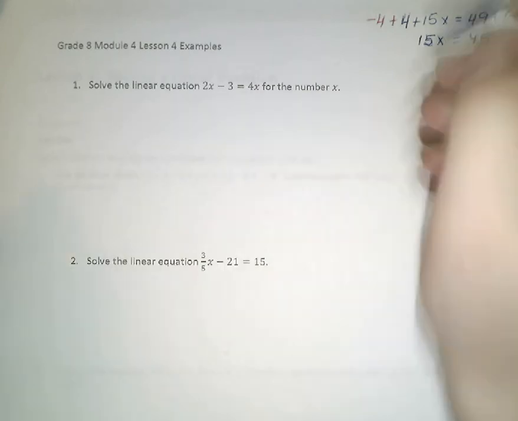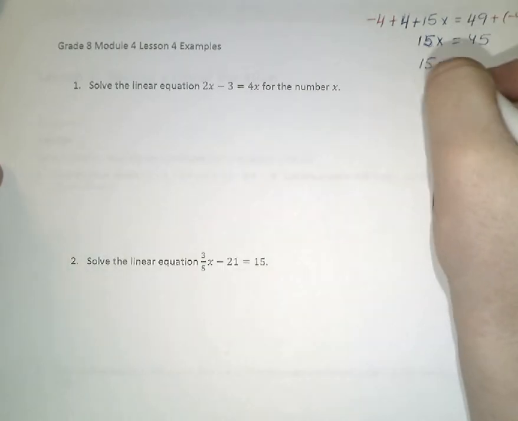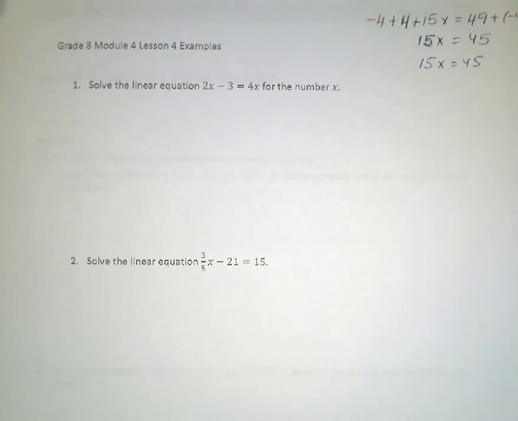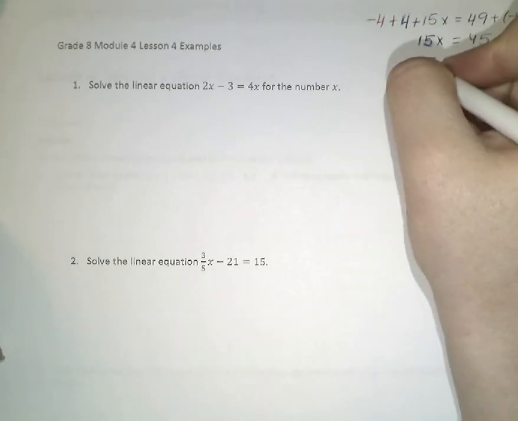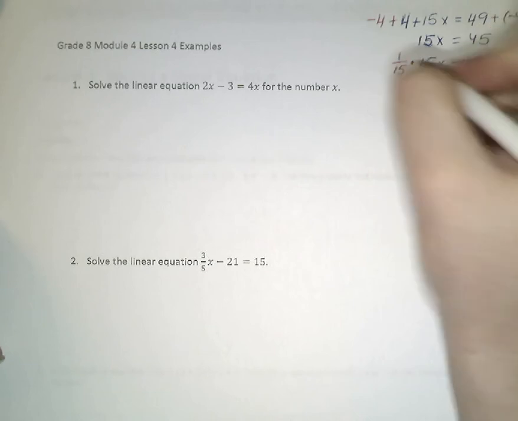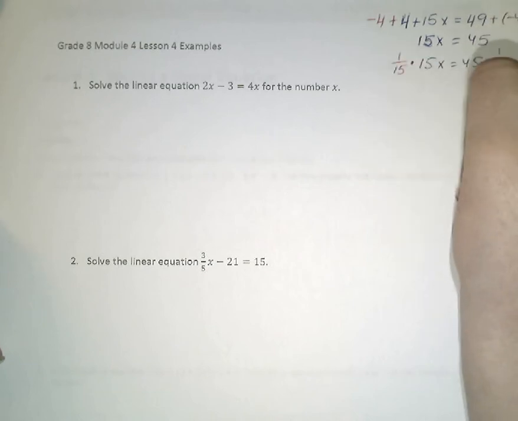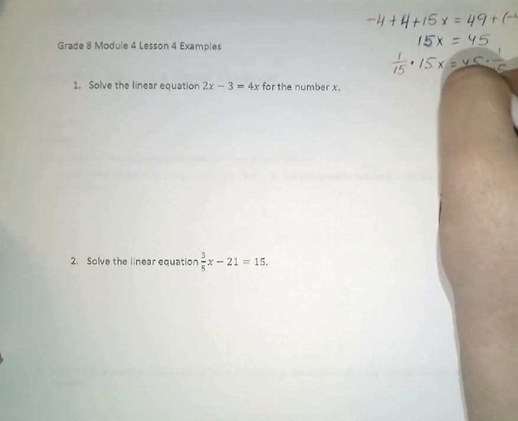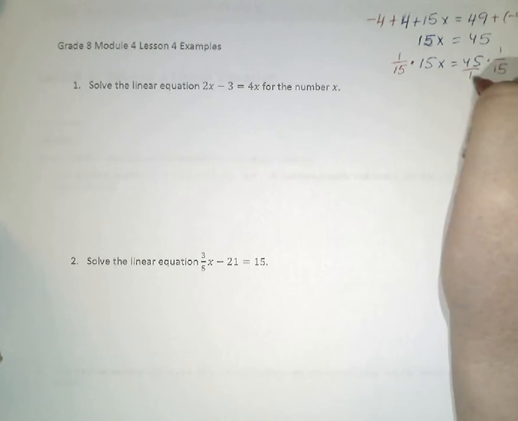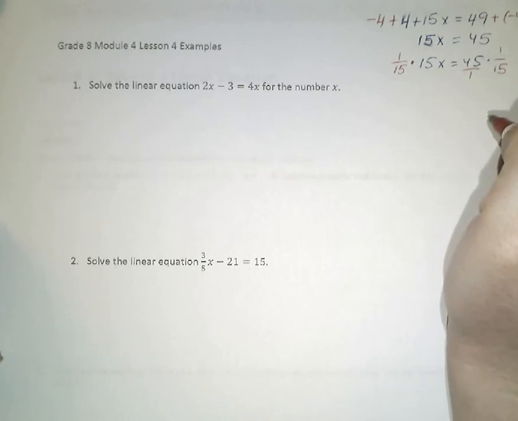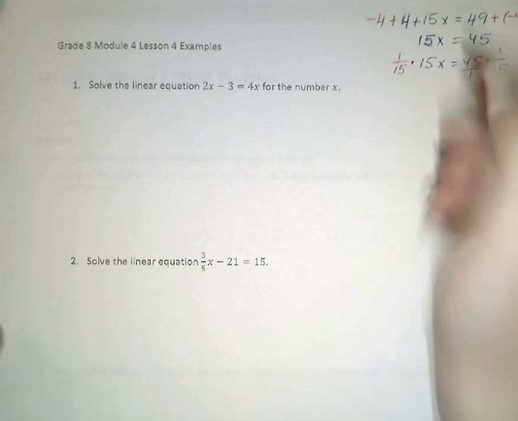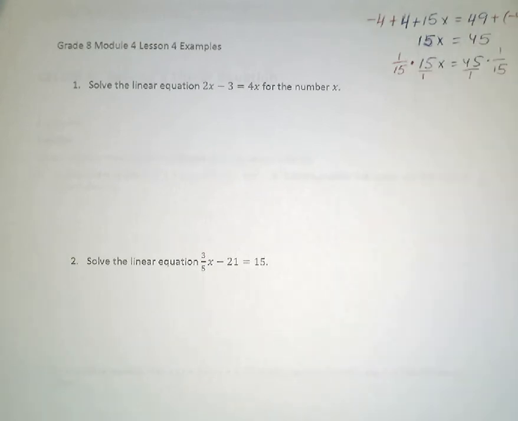So I'm going to just rewrite that 15x equals 45, and I'm going to multiply both sides by 1/15. And you can put 1 as a denominator of 45 because the value of it does not change. Same you can do for 15.